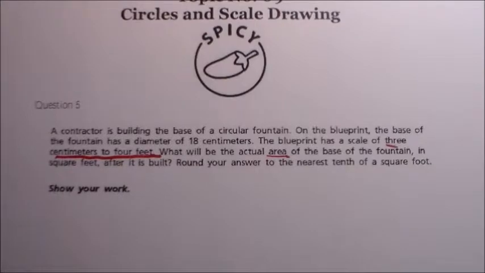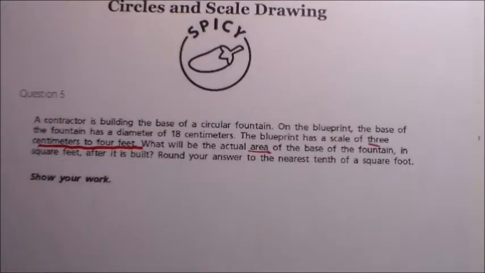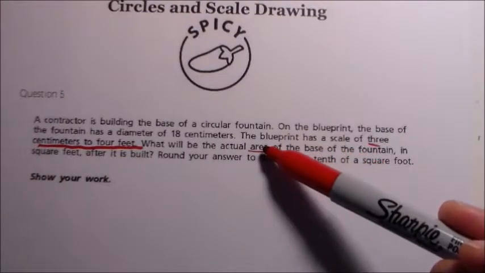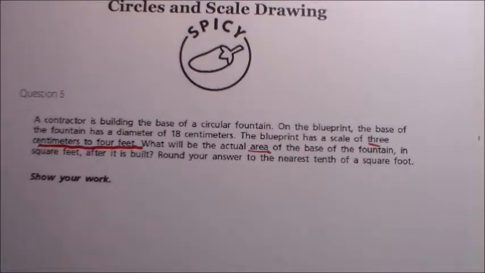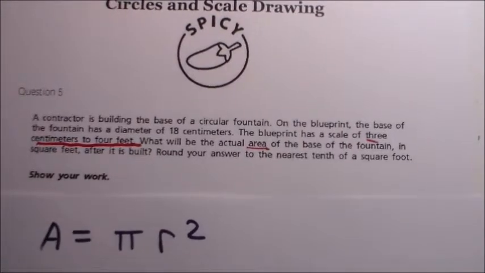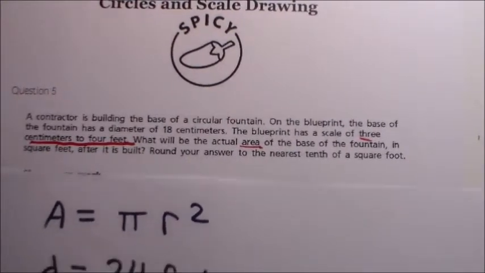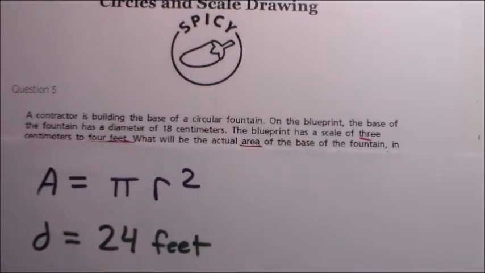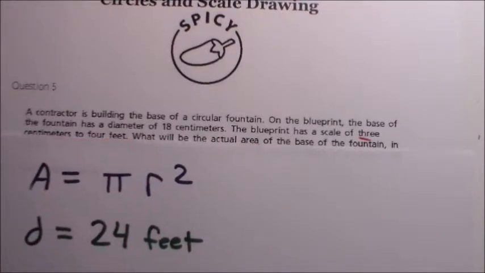But what do we need to know? Remember that number, 24 feet. We don't need to know the diameter. We need to know the area. Ugh, that makes it even tougher. Area equals pi r squared, remember that was one of the formulas we have to memorize, and the diameter is 24 feet. How do we do this?